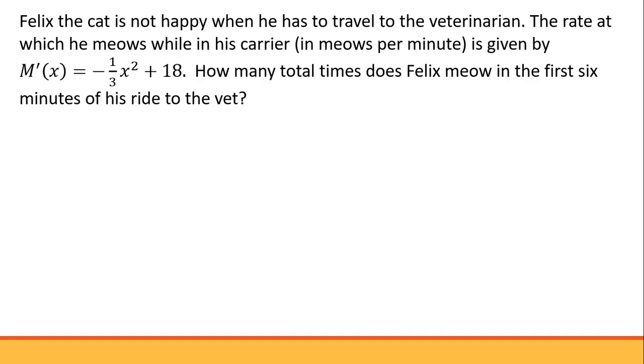So the function we're given is a rate at which he meows, and we would like a function that describes the total number of meows. So we need to find the antiderivative of the rate function, and we need to evaluate that from 0 to 6 to get the total number of times he meows in the first 6 minutes.